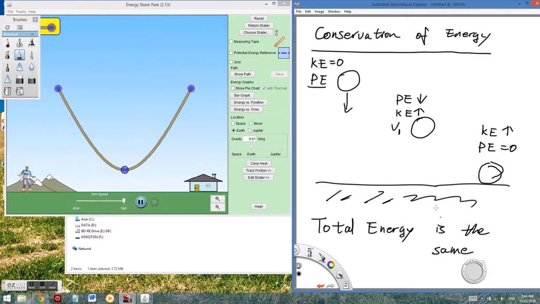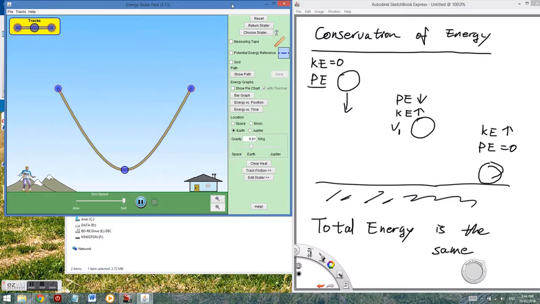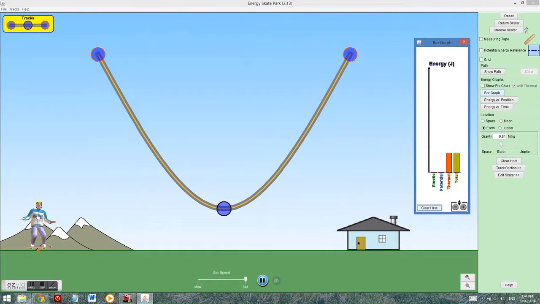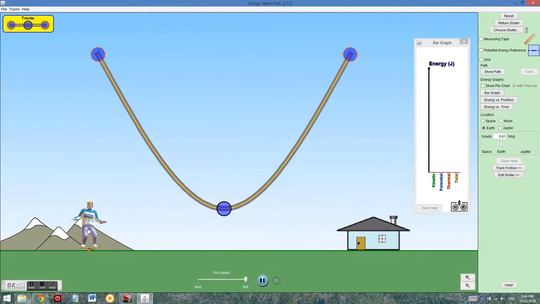Let me show you this. Again, now we have a skater, and the giant comes here. I'm the giant, I move it up. As you can see on the right hand side, the potential energy is a lot.